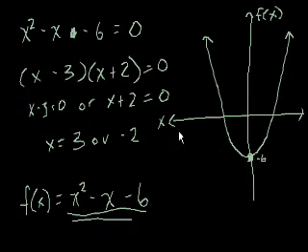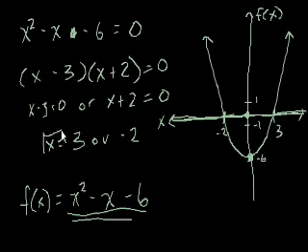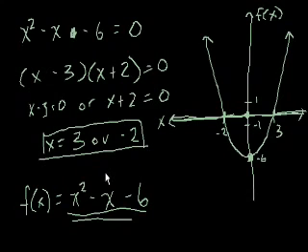And I know that f of x is equal to 0 along the x-axis, right? Because this is 1, this is 0, this is negative 1. So this is where f of x is equal to 0, and we know it equals 0 at the points x equals 3 and x equals minus 2. That's actually what we solved here. Maybe when we were doing the factoring problems, you didn't realize graphically what we were doing.